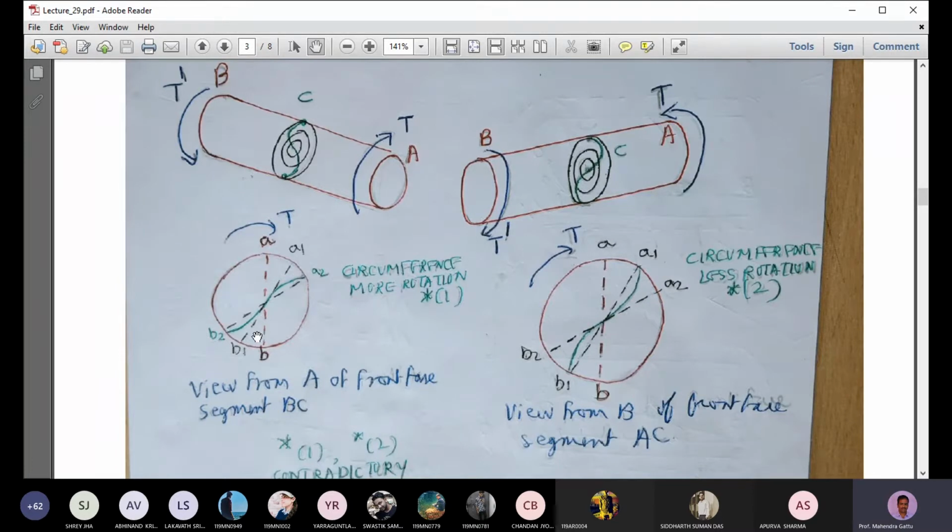Both are diameters. Now let's sketch this S-shaped curve. The S-shaped curve is shown here. The outer circumference is here, and as it goes towards the center, it becomes tangent to A1 B1, and then again it reaches B2.